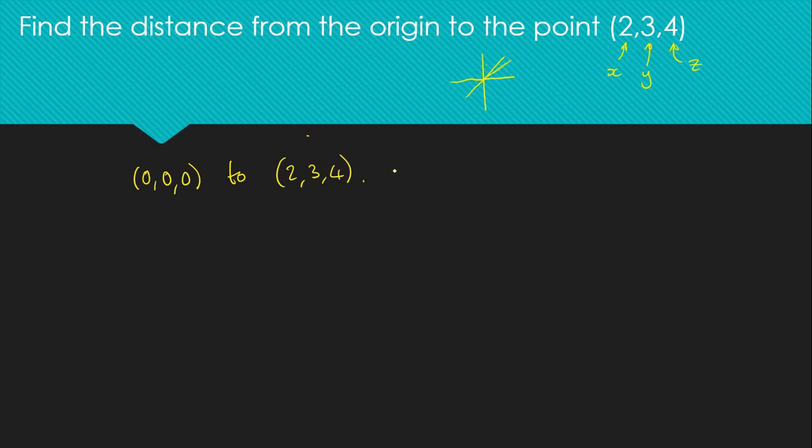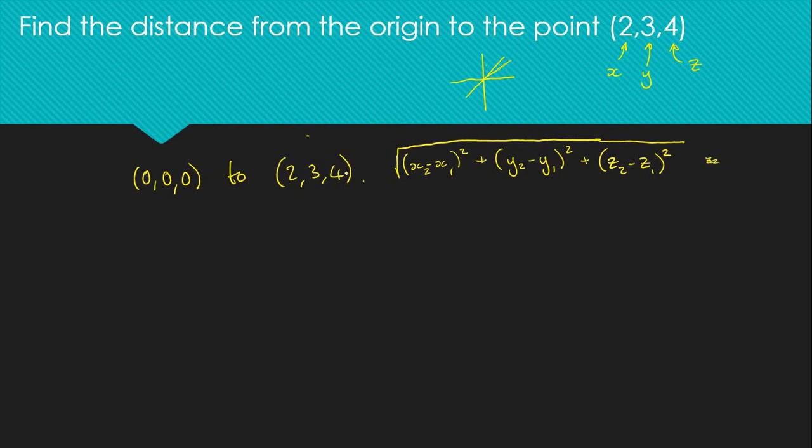Now, the way that can be worked out is you can use Pythagoras on it, and you can say, well, if I've got x2 subtract x1 squared plus y2 subtract y1 squared plus z2 subtract z1 squared, that will give me the magnitude between the 2 coordinates.